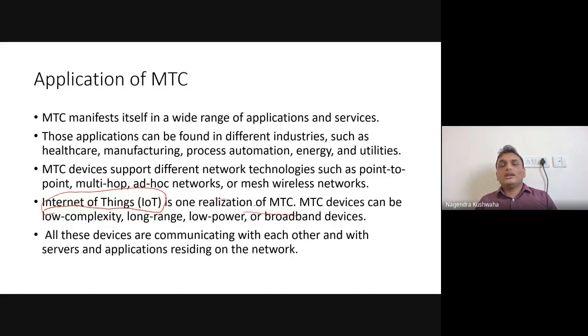But IoT has constraints on range, complexity, and power. Since we are discussing long range communication, we are going to focus on long range communication. But still, our focus will not deviate from low power consumption, because the utmost important thing is low power. We always talk about low power, whether it is short range or long range communication. IoT is one of low complexity. Here we are discussing long range because we are targeting the application to be long range.